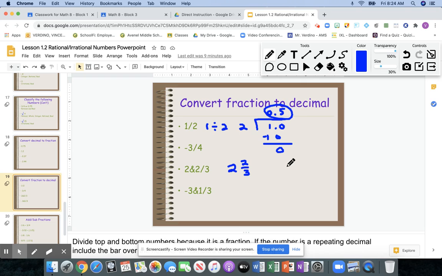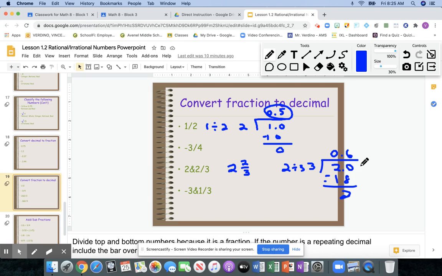So you can just simply divide 2 by 3, right? Remember, first number goes on the inside, second number goes on the outside. How many times does 3 go into 2 without going over? It doesn't. So I'm going to apply my decimal here. How many times does 3 go into 20 without going over? 6 times. Remainder is 2.